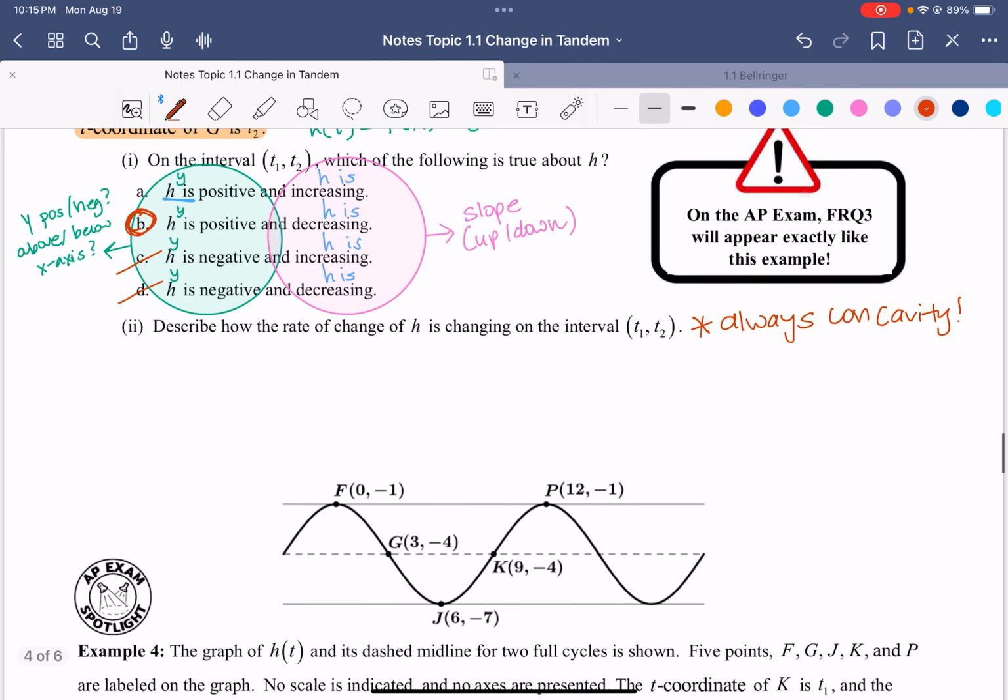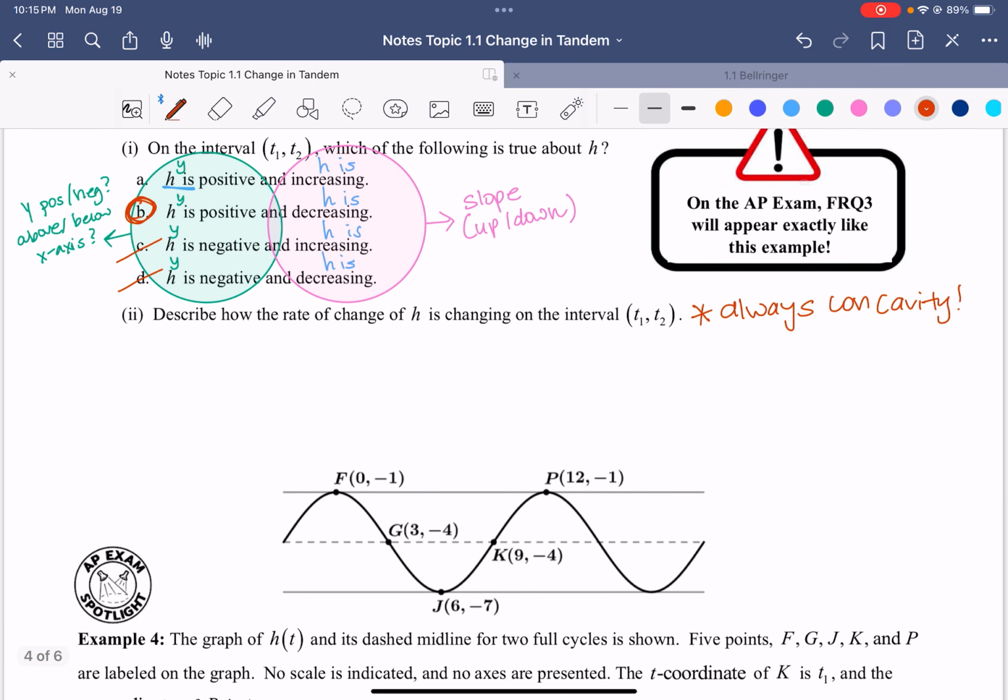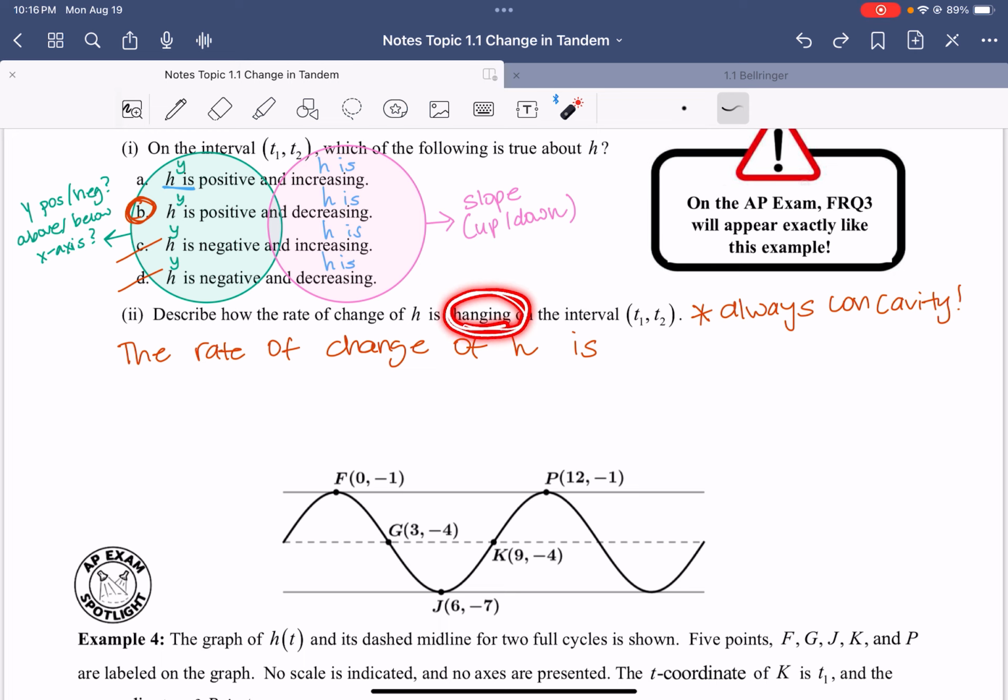Now remember, for the free response questions, all you're going to do is repeat the statement back to them. So we're going to say the rate of change of H is. Okay, so notice I've taken this and I've just repeated it. Now, when I get to this word changing, that's where I'm going to insert the change.